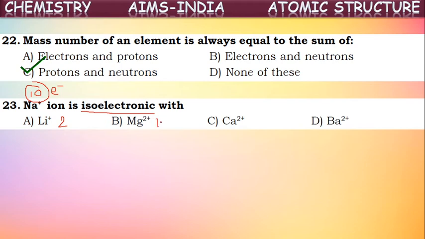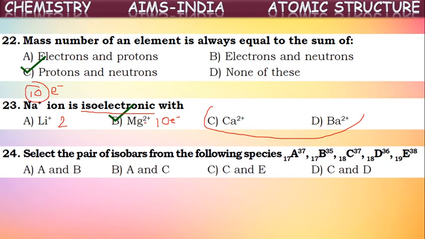So in this there will be 10 electrons. So this will be the correct answer. Okay, it is isoelectronic with Na+. What about Ca2+? Calcium will be having 20 electrons. It lost 2 electrons, so it will be having 18 electrons. So these are higher elements. They'll be having more than 10. Now, the correct answer is only magnesium.